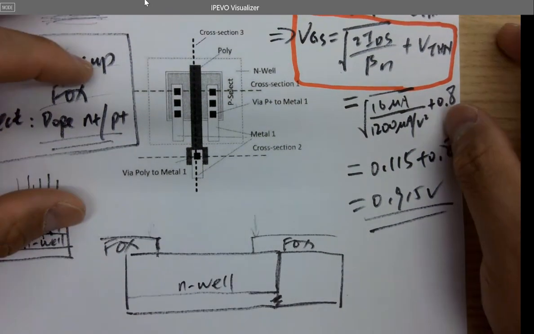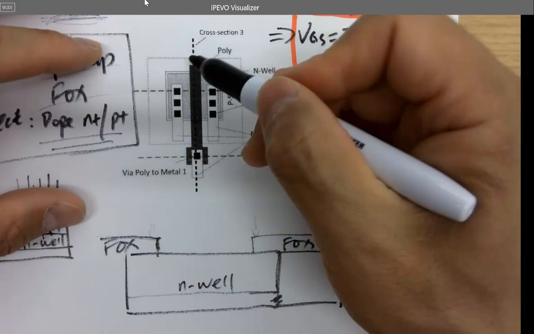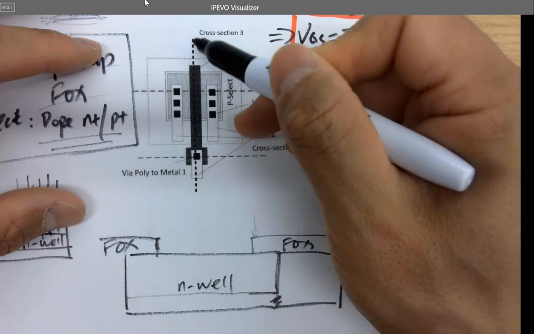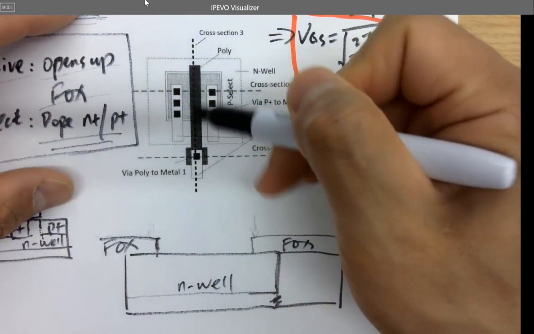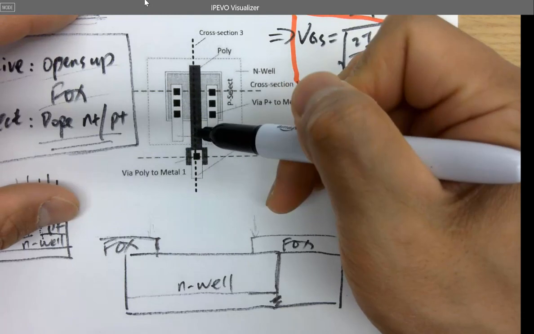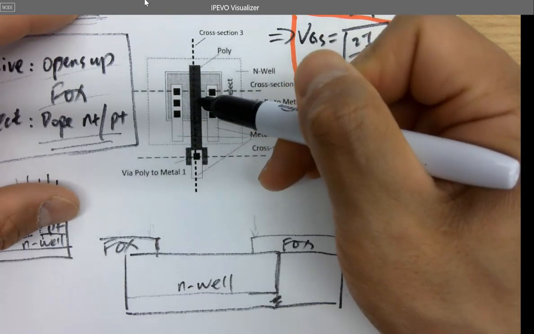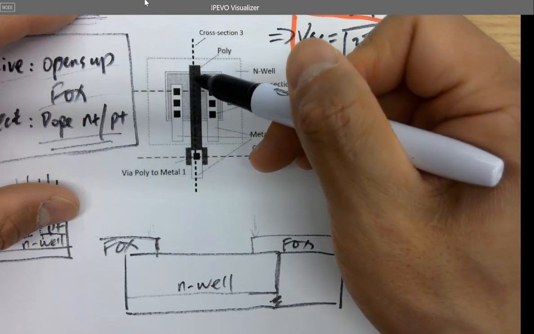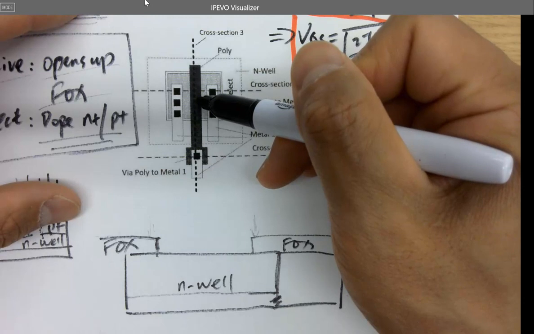So what's next? Underneath this one, it doesn't have anything, doesn't have a P plus underneath it, right? Does it have any P plus under that? No, because the gate, the polysilicon, blocks it, right?